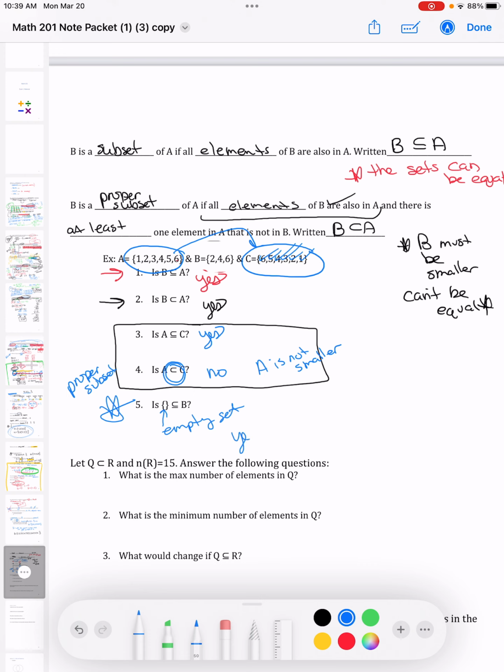And that is true. The empty set is actually a subset of everything. It's a subset of A, B, and C. It's a subset of the universal set. It's a subset of everything. That's because, by the definition, everything that's in the empty set has to be in B. And that's true. There's nothing in the empty set, so therefore everything in the empty set is also in B.